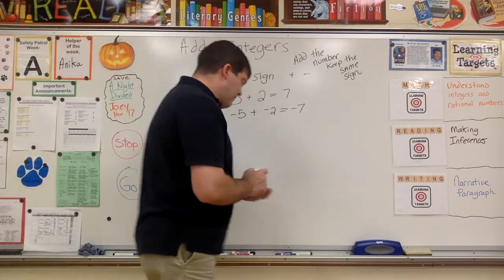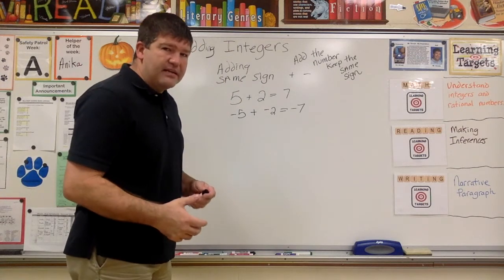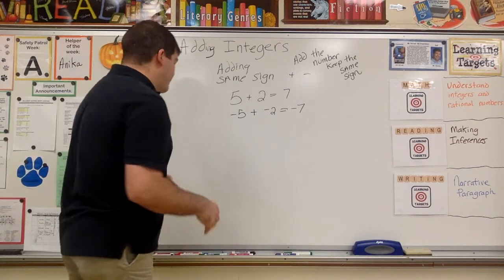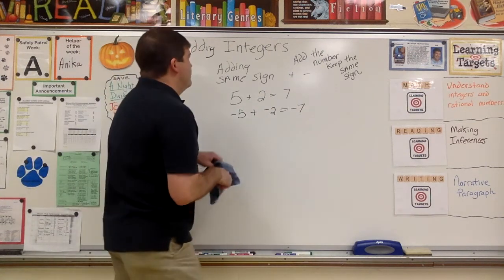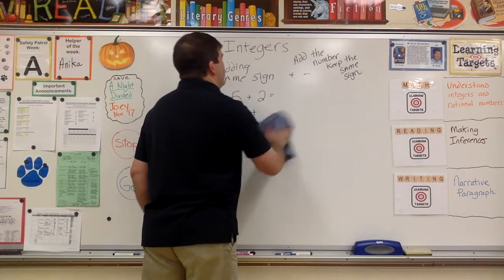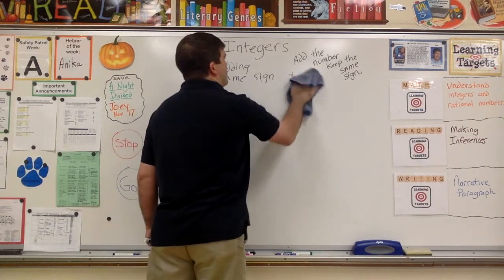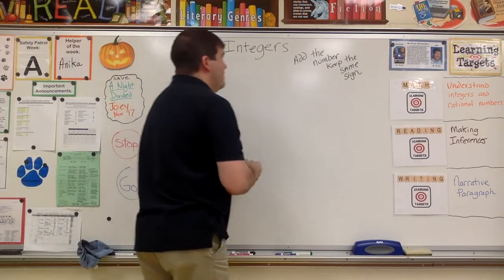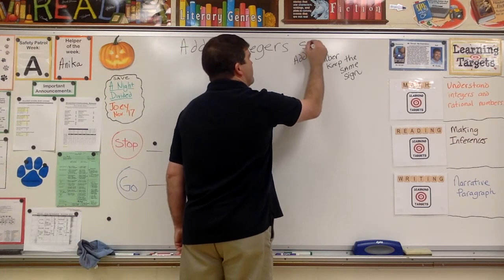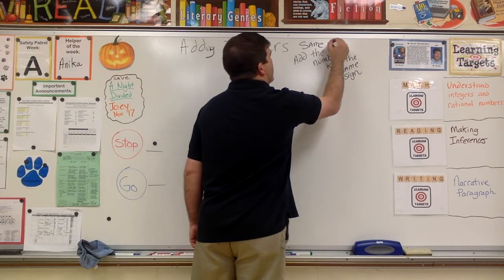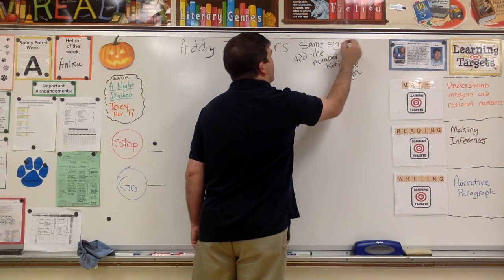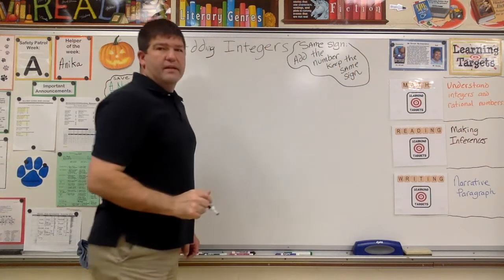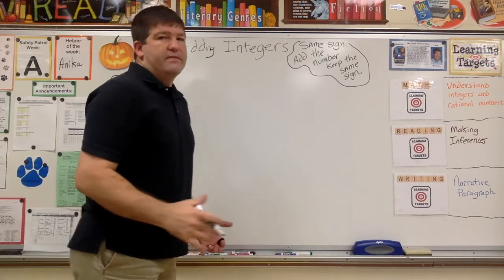Now, if you have numbers with different signs, like adding a positive to a negative or adding a negative to a positive, then it's a little different. That right there is for the same sign, but you'll have numbers that have different signs.